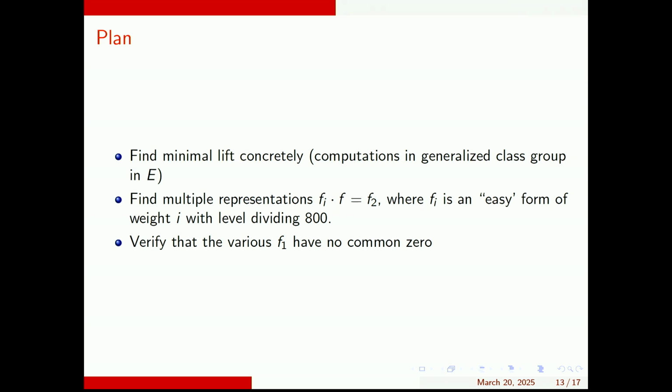Now, it turns out the dimension for gamma naught of 800 is 97. So first of all, you're looking to find that your putative modular form matches what can be found in that vector space.